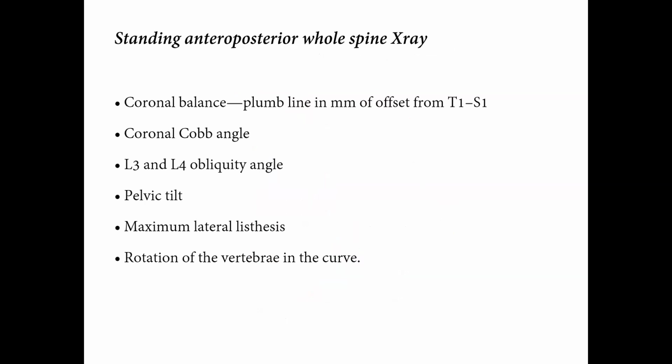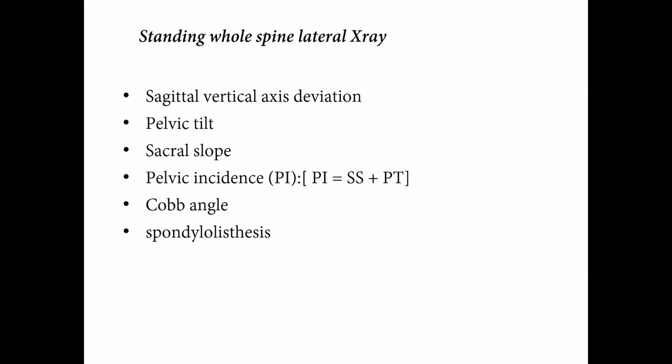The same in the AP view, we have to see the coronal balance, the coronal Cobb's angle, L3 and L4 obliquity, and we should not forget to measure the lateral listhesis and the rotation of the vertebrae. In the sagittal view, SVA deviation, pelvic tilt, sacral slope, Cobb's angle and spondylolisthesis should be carefully seen.